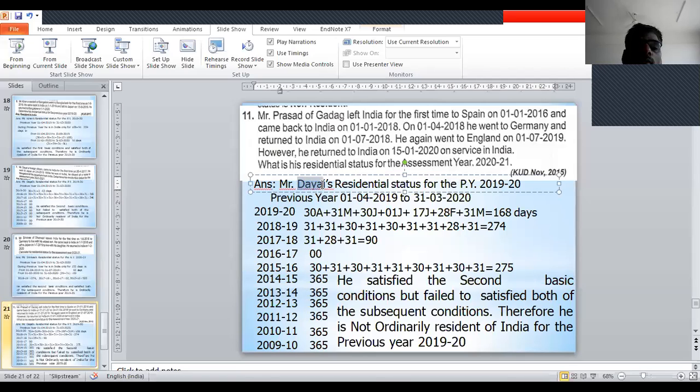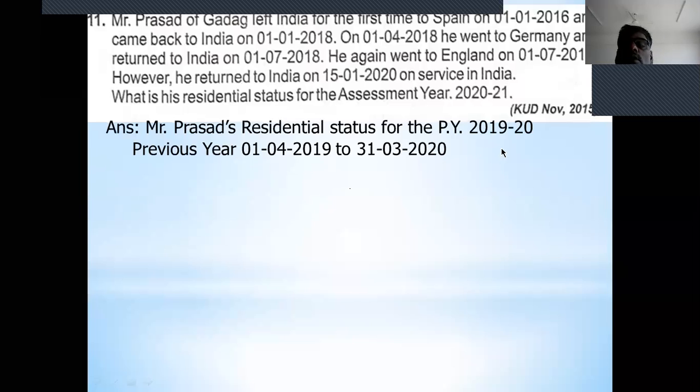Sorry, I had taken the previous one. Prasad's residential status for the previous year 2019-20. The previous year starts from 1/4/2019 to 31st March 2020.